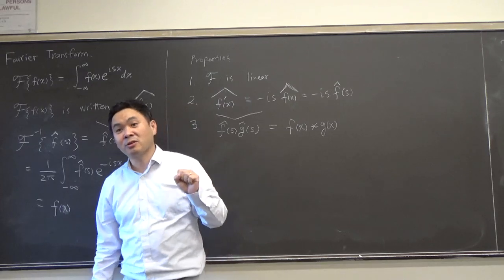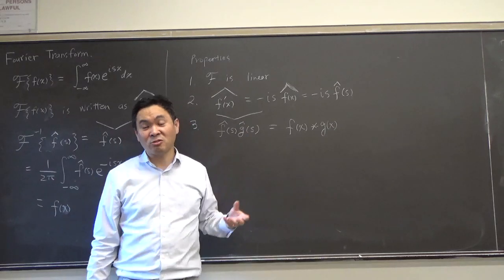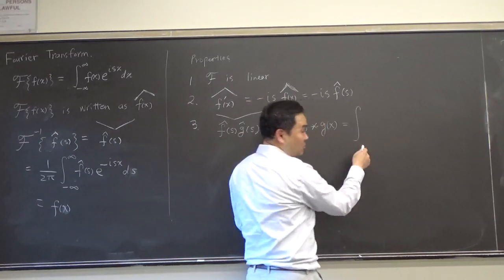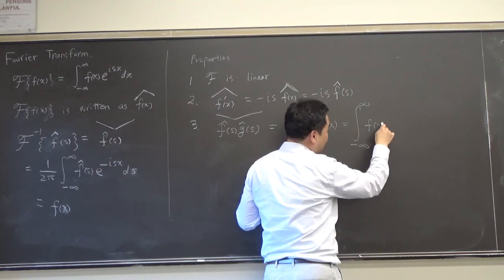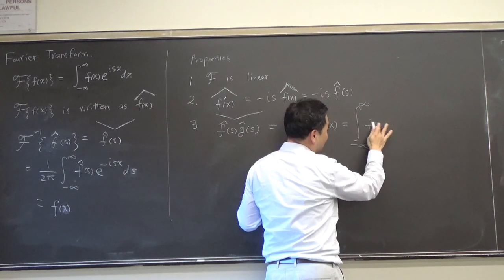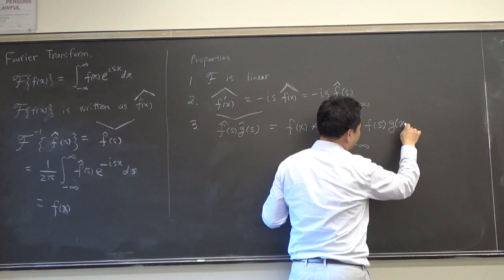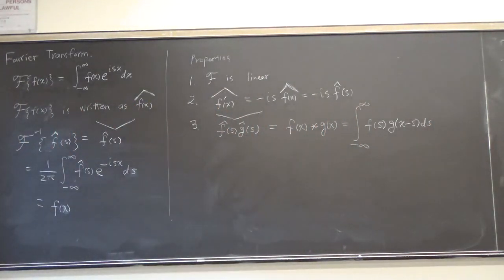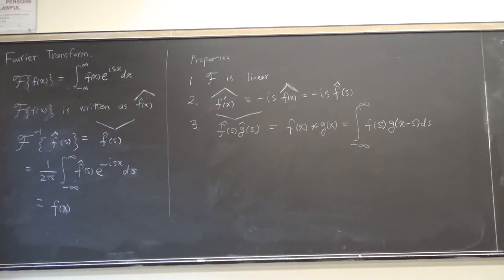But if the function is defined from negative infinity to positive infinity, then the integration has to be done from negative infinity to infinity. So the formula here is not the version that goes from 0 to x, it's actually from negative infinity to infinity, where one side is f of s, g of x minus s, ds. That's the convolution, right? You might as well write this as your 4th property.